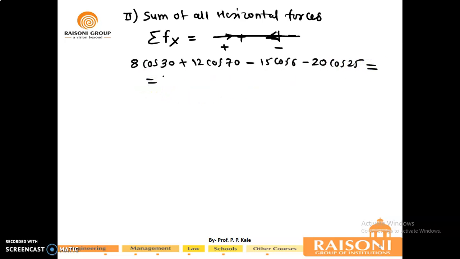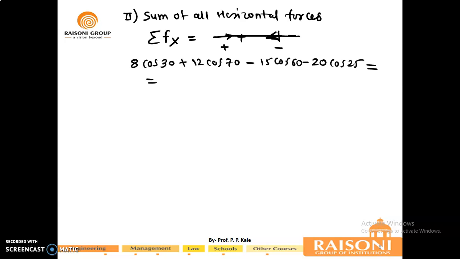You have to find the sum of all these forces. So 8 cos 30 plus 12 cos 70 minus 15 cos 60 minus 20 cos 25.